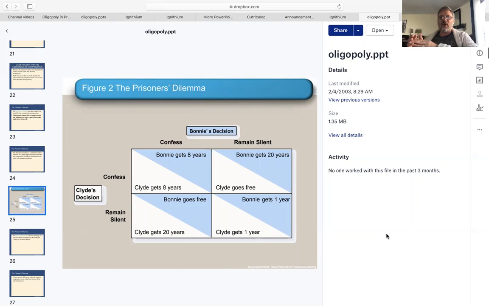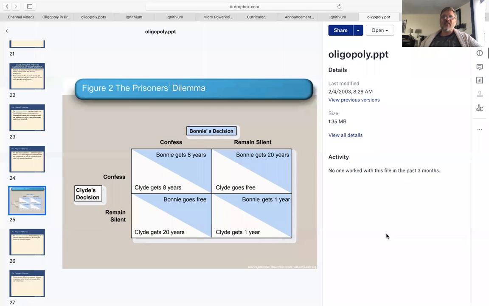The competitive firm, because they're a small part of the market, doesn't matter what they do, they're not going to affect the profits of other firms in the same industry because they won't affect the price at all. But in oligopoly, since there are just two firms, the choices of one firm with respect to price or output will affect the profits of the other firm and vice versa.